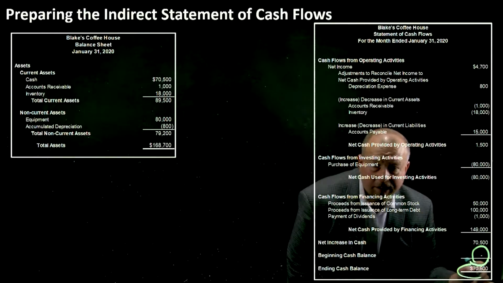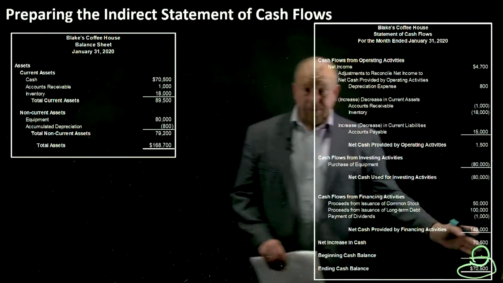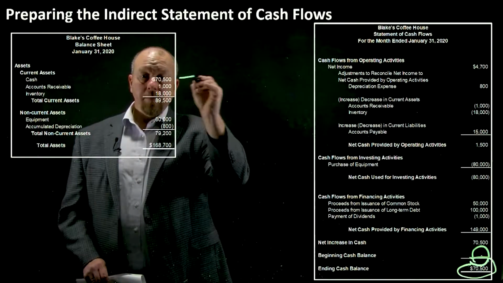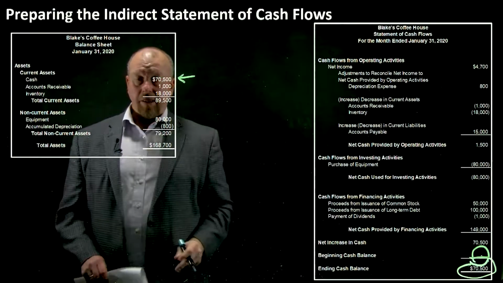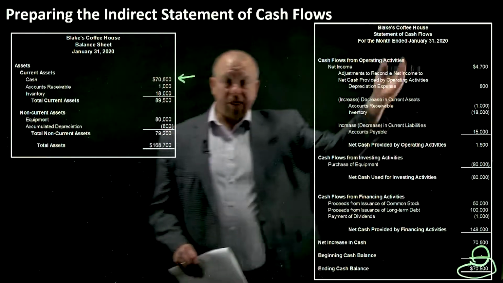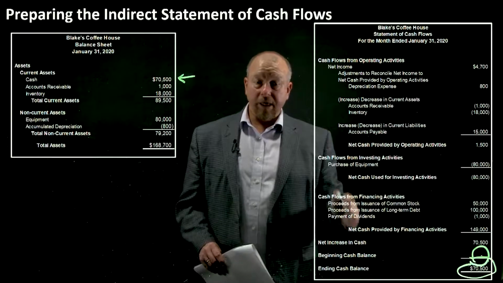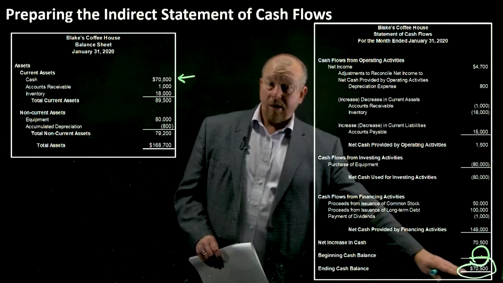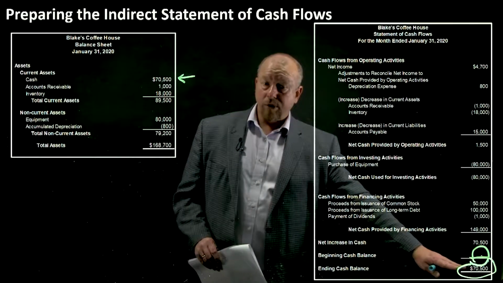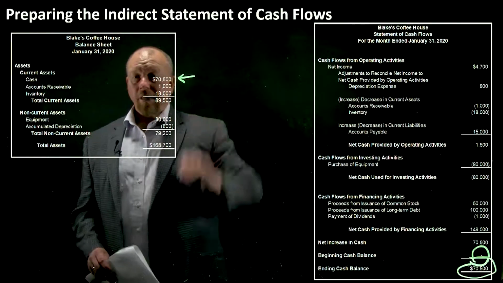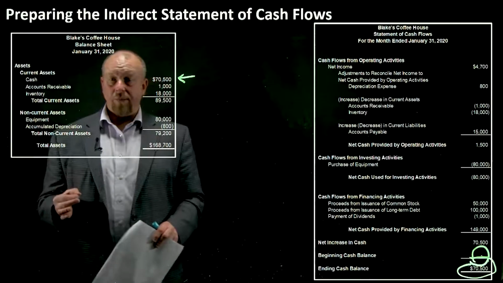And you can see that our calculated ending cash balance right there, the $70,500, matches our ending balance sheet cash. So the statement of cash flows for the month of January ultimately tells us that the ending cash balance on January 31 should be $70,500, and it proves the cash balance that is listed on the January balance sheet.